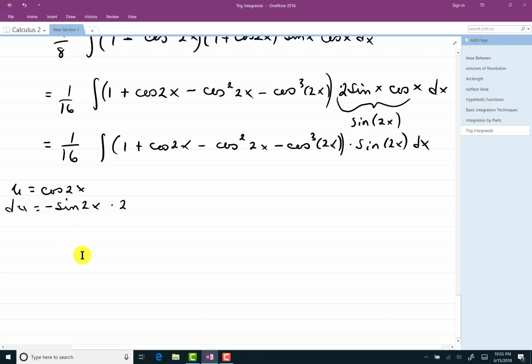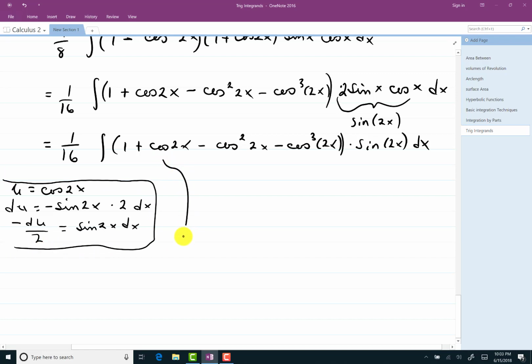So what I'll have there then is negative du over 2 equals sine of 2x dx. So let me block this off so not to be confused with the rest of the problem.